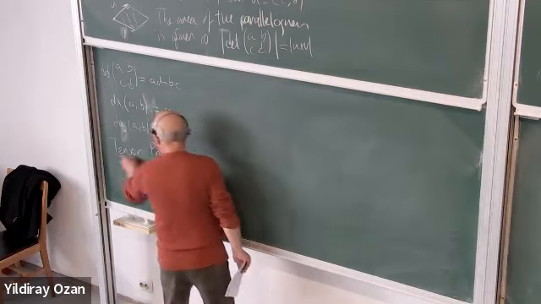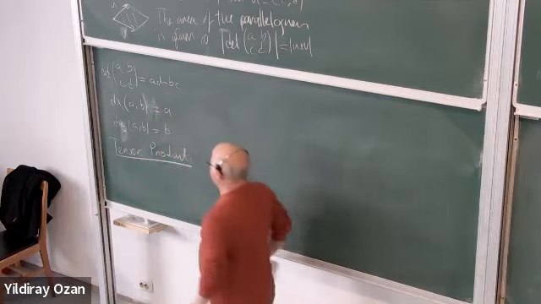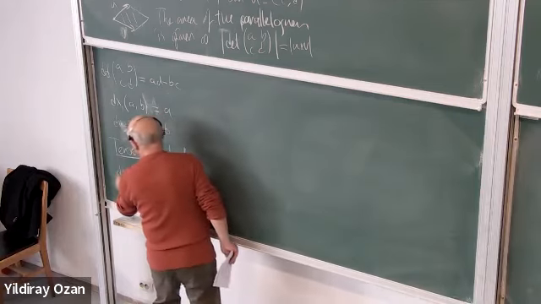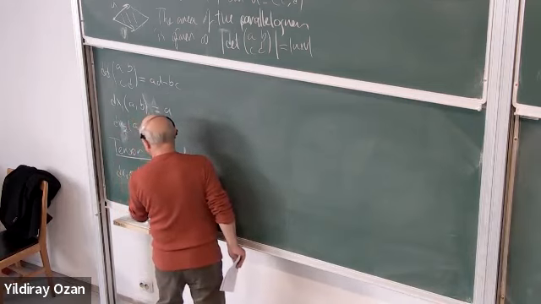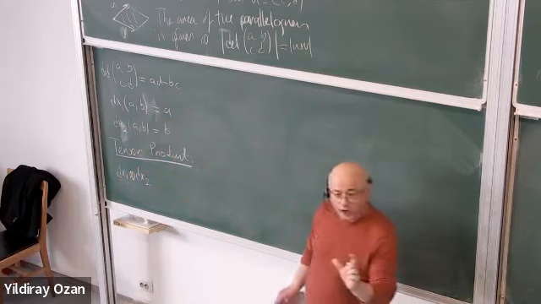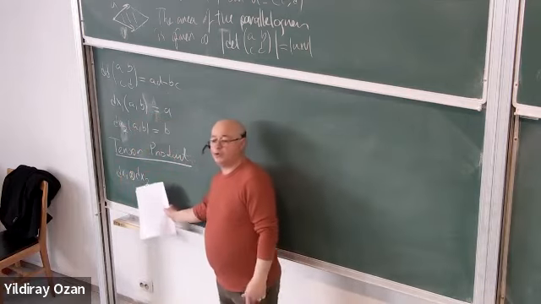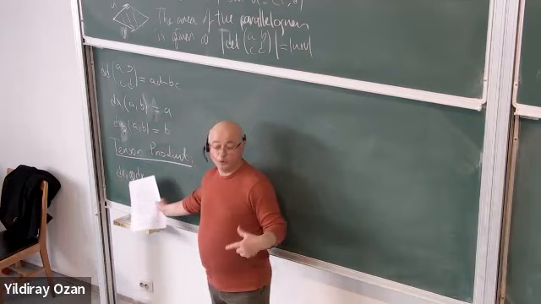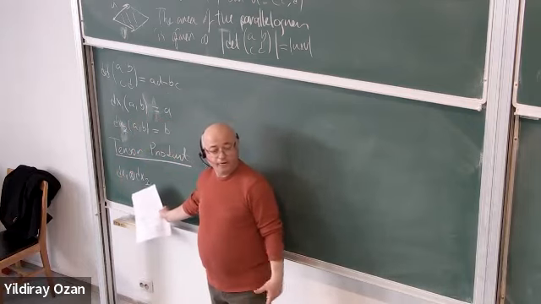I will not go into detail, but the tensor product is something like this. Suppose you have two vectors and you want to feed them into two linear forms.